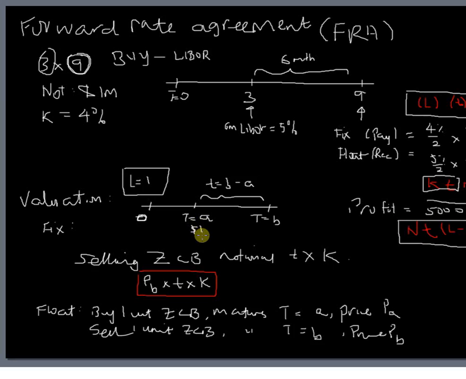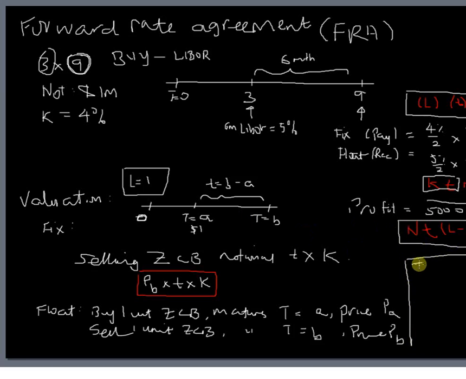We can invest this $1, say deposit it in the bank, and earn LIBOR over the period of T. When the second bond matures at B, the principal amount will knock off and we end up with L times T, which is what we are trying to drive at.